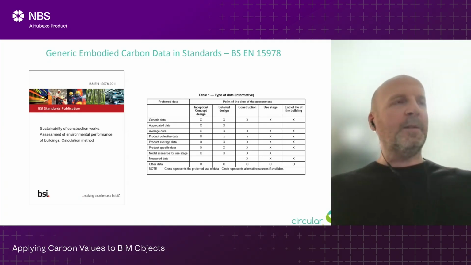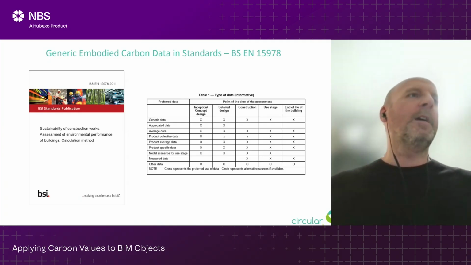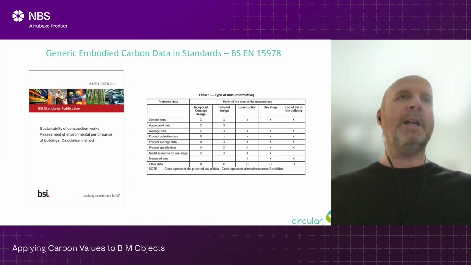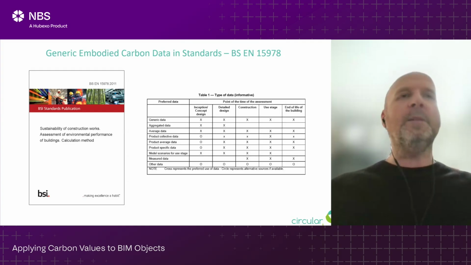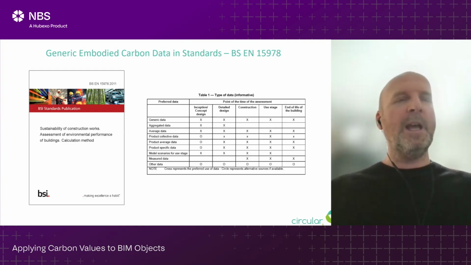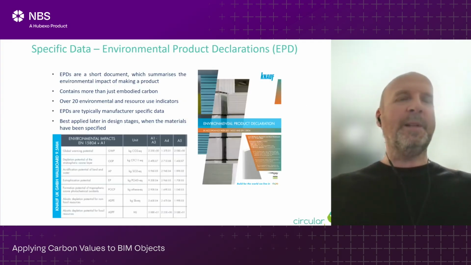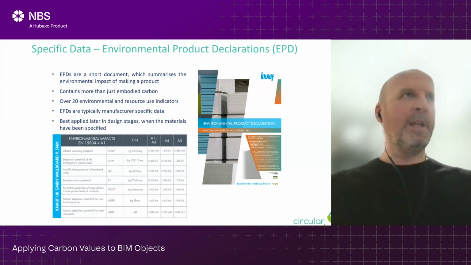Now, this standard is on sustainability of construction works of buildings, and it recognizes that generic data can be used throughout any stage of the project. Concept design, detailed design, construction, use stage, in-use embodied carbon, if you like, and eventual end of life of the building. So generic embodied carbon data is a really important data source. However, it is best when complemented with specific data.